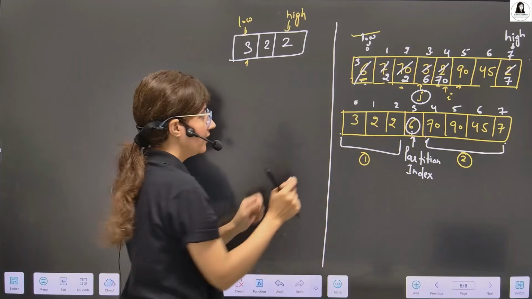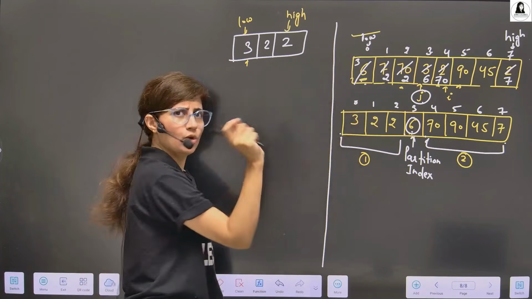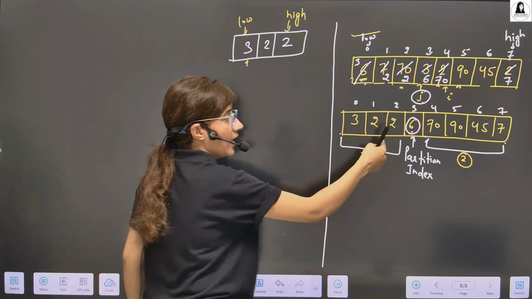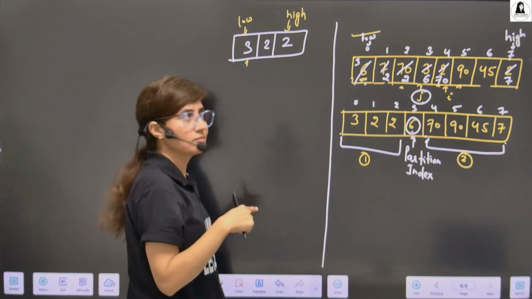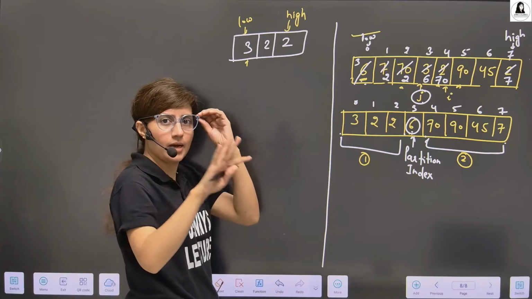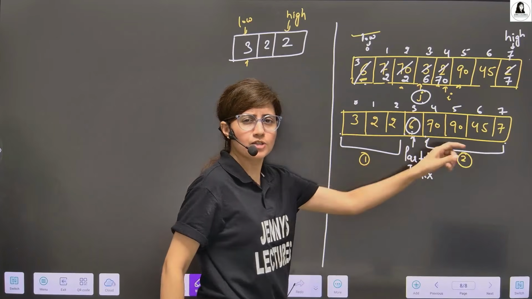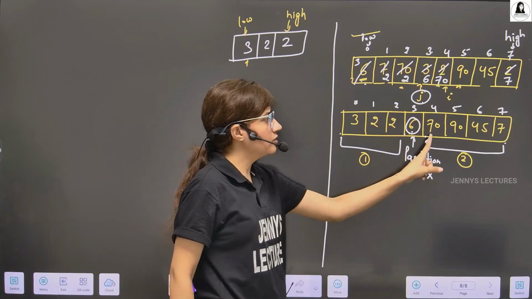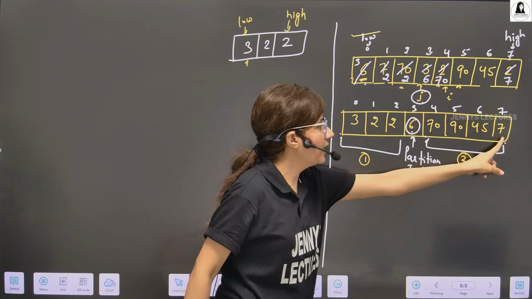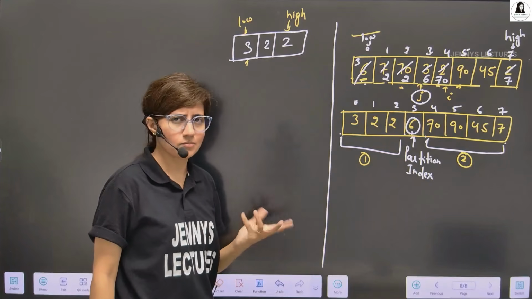For this, the low is as it is, but high is the partition index you get minus 1. For the other partition, when I recursively call quick sort, the low is the partition index plus 1, and high is as it is. That's it.